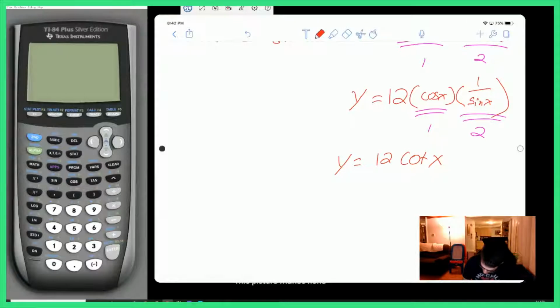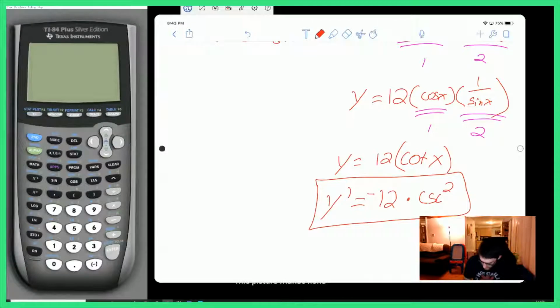So I'm going to just use my derivative rules and leave the 12 outside for later. So it's just going to be 12 times the derivative of cotan x. If you use my Shack tip, cotan is cosine over sine, so it has 2 trig functions, so its derivative has a square in it. That means its derivative is going to be cosecant squared, but it has to be negative as well.